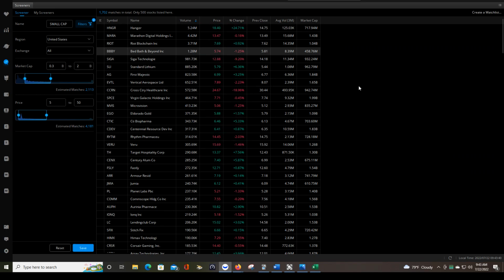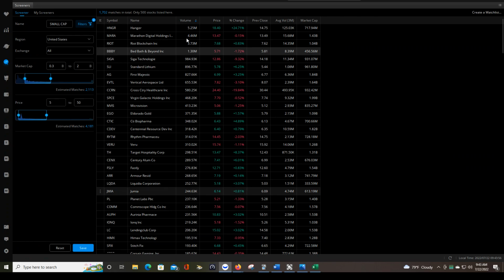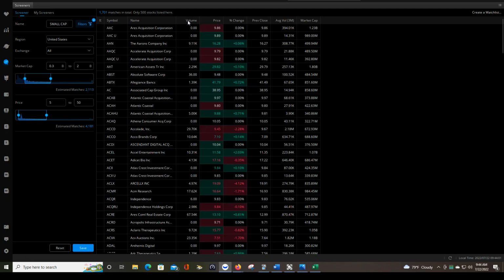And then there are certain things where you just need to figure out how to maximize the use of the platform. And this is one of those cases. I think the screener does everything I need it to. The only thing I have to do is make sure to refresh it. That's it. Other than that, it works perfectly.